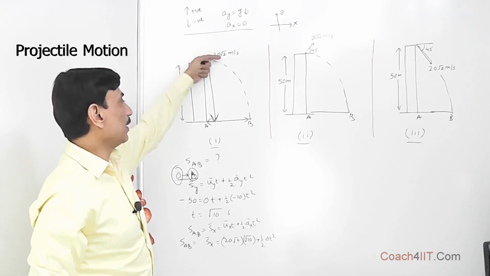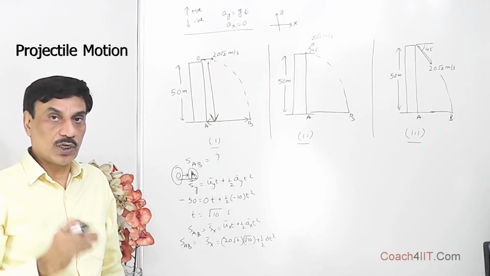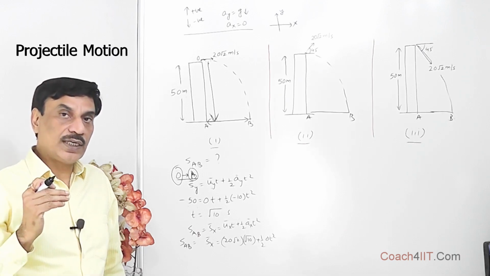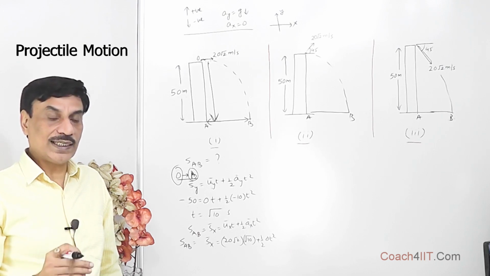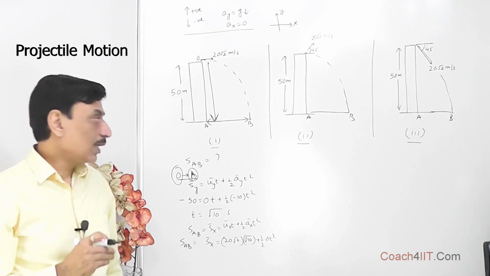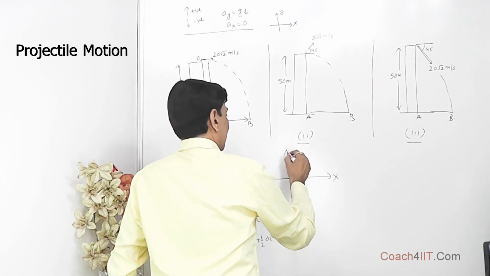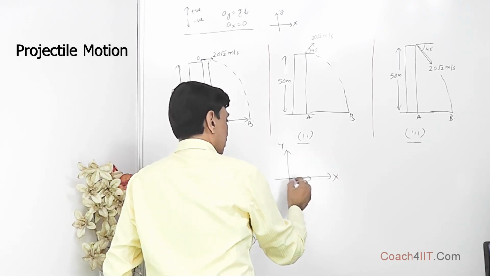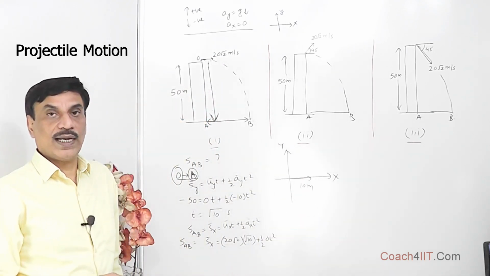All the velocity has been given purely along the x-axis. Purely it has been thrown horizontally. So it means there is no initial component of velocity along the y-axis, that is the vertical direction. Let's say this is the x-axis, this is the y-axis, and a person has gone 10 meter along the x-axis. How much has he gone along the y-axis during this time?